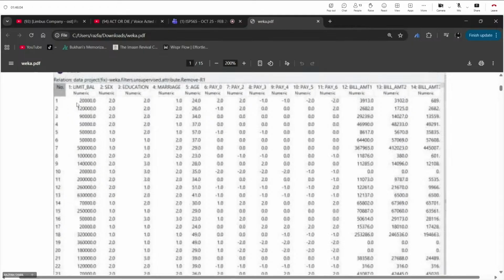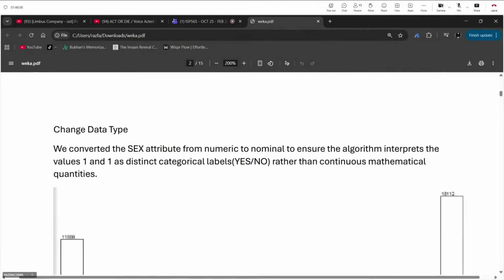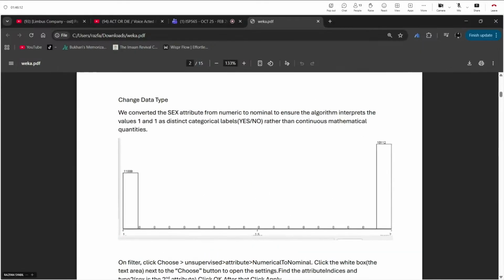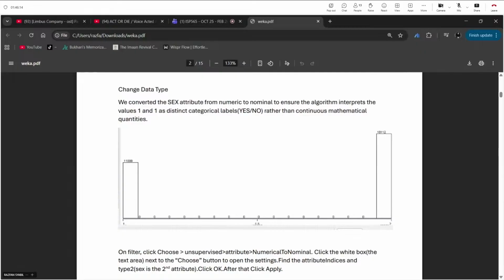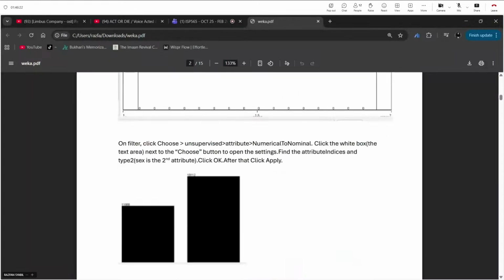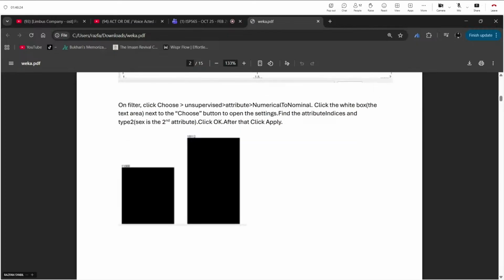Now the first attribute is the limit balance. Moving on, first we change the data type. Those data that are categorical, we change to nominal. So first we have sex. The command is simple: choose unsupervised attribute numerical to nominal.